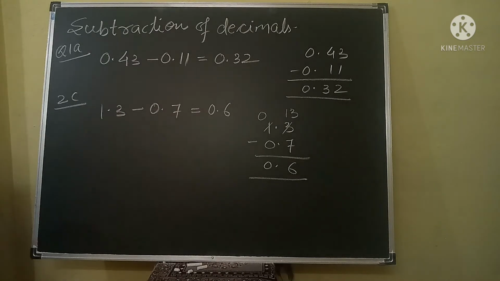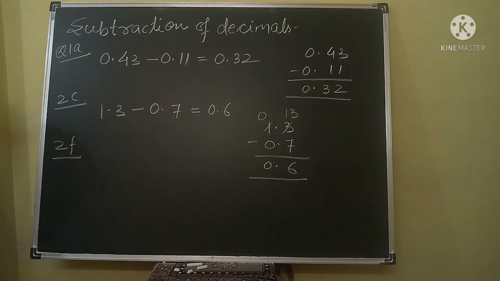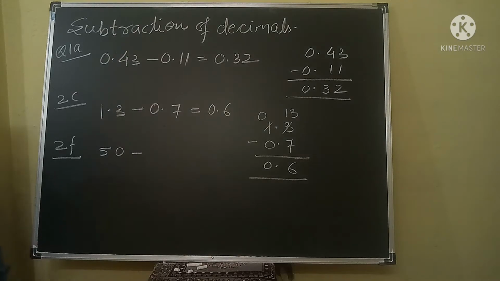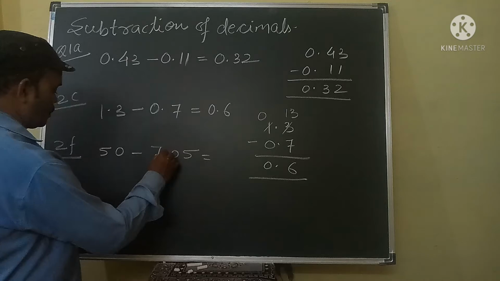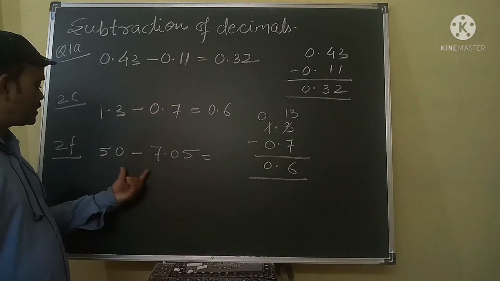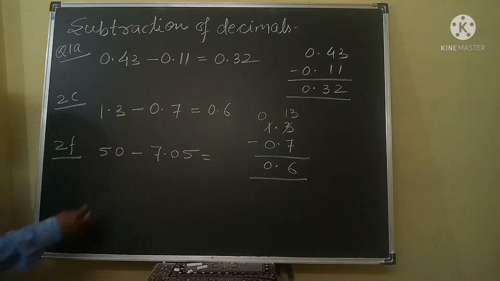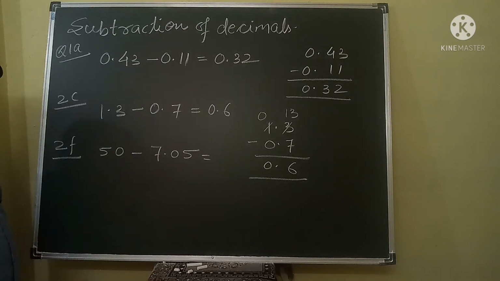Again, your question number 2F. This is question number 2F. 50 minus 7.05. How will we do this question? This is 50 minus 7.05. As you are looking, these two numbers are unlike decimals.